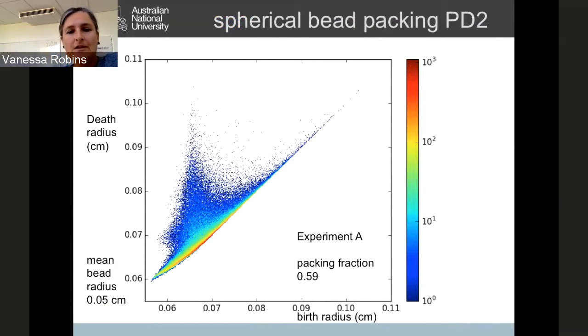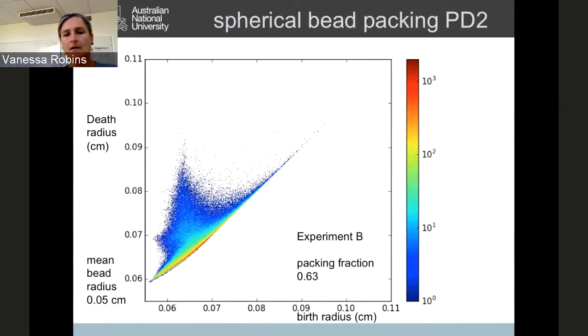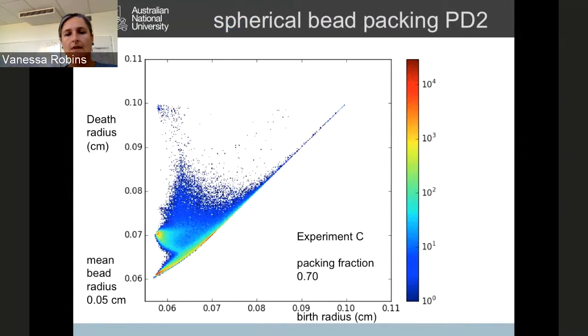So here we've got the second dimensional persistence diagram. And this is telling us about the cavities that are formed between beads. This is the lowest packing fraction, so a loose packing, and then one at 63%, so just below the Bernal limit, and then the partially crystallized packing here.